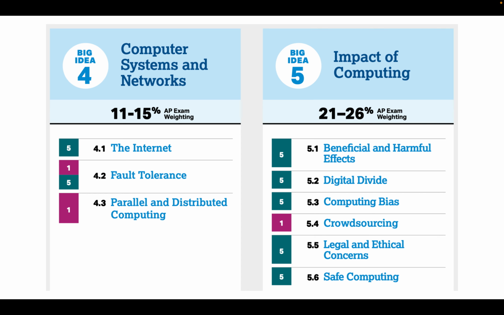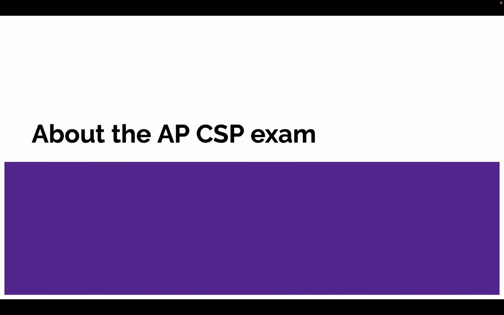So we look at computing innovations and like programs and the internet and social media and all those types of things and say, who has it helped and who has it harmed in what ways? We also think about all kinds of legal and ethical concerns and how to stay safe using computing innovations.